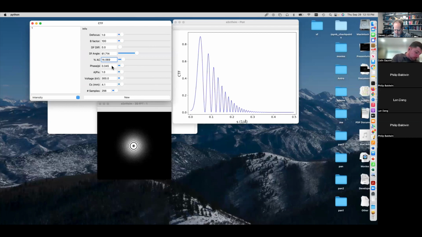So if you talk about light optics, you have the same sort of concept. You have the phase contrast, which is the refraction. If you put light through a glass lens, the index of refraction is what's responsible for the image formation. That's the same sort of thing that's happening when we talk about phase shift in electron imaging.